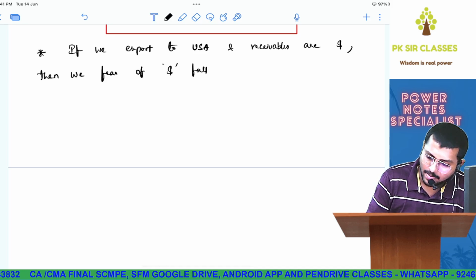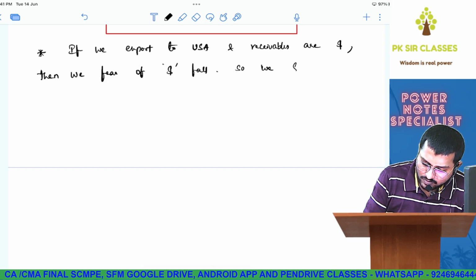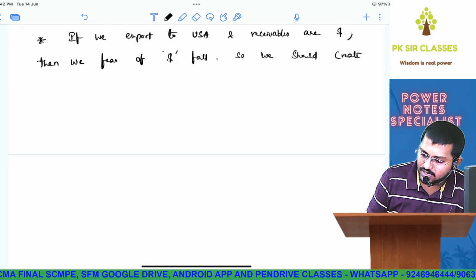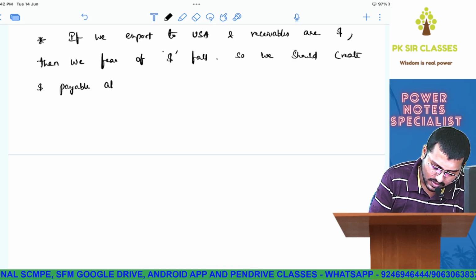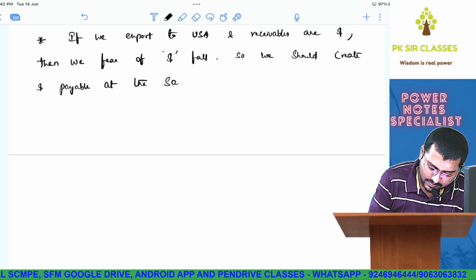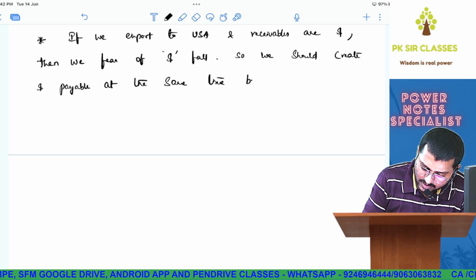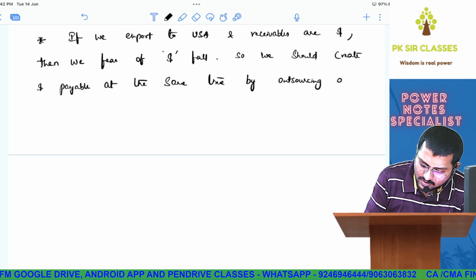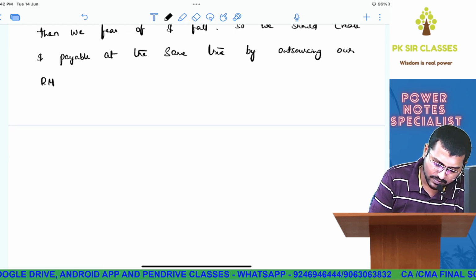So we should create a dollar payable at the same time. Sounds like netting, but it is not. At the same time, by outsourcing our raw material requirements.